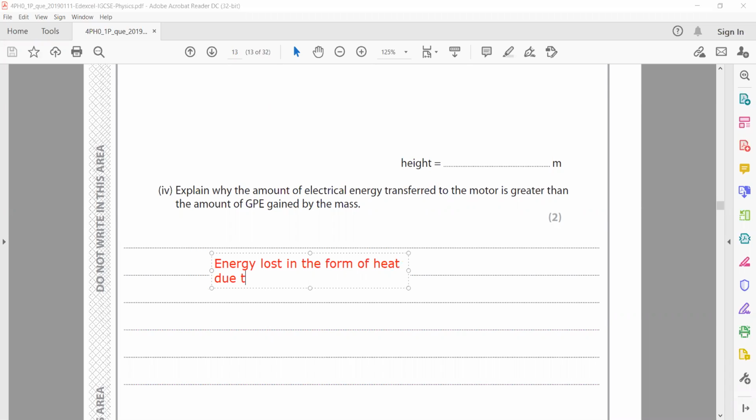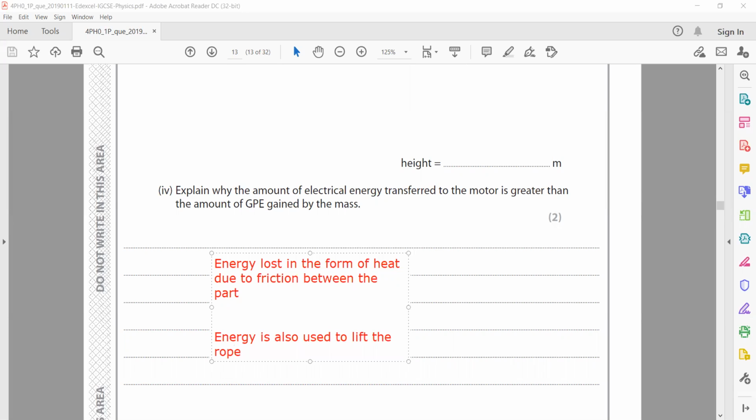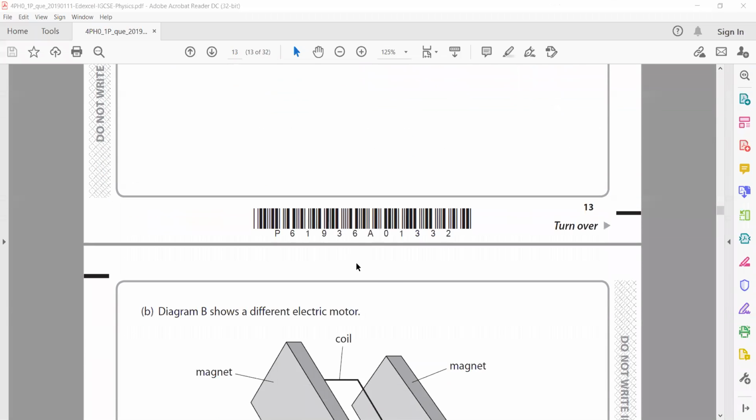And energy is also used to lift the rope as well. We only calculated the energy used to lift the mass. We ignore the rope, so some of the energy is also used to lift the rope.